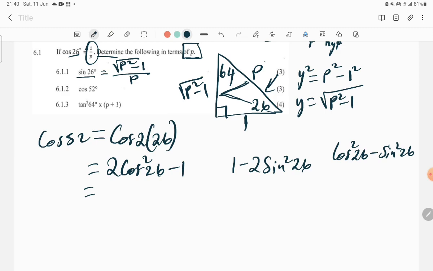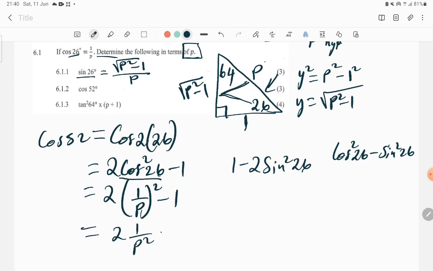Now what are we having? We have 2 times cos 26. Cos 26 was given by 1 over p. In the place of cos 26 you can just put 1 over p, but remember that this cos 26 is being squared, then minus 1. Simplifying this, you have 2 times 1 over p squared, minus 1.